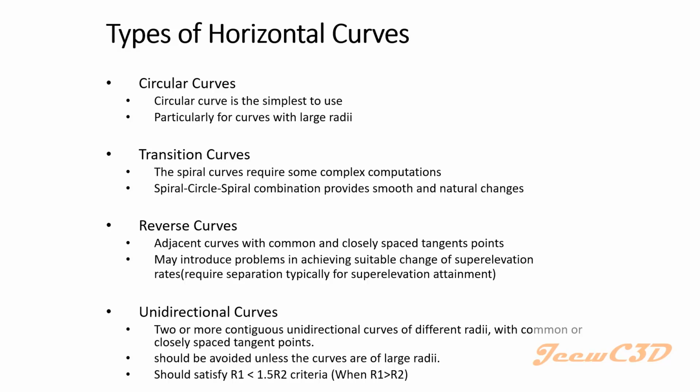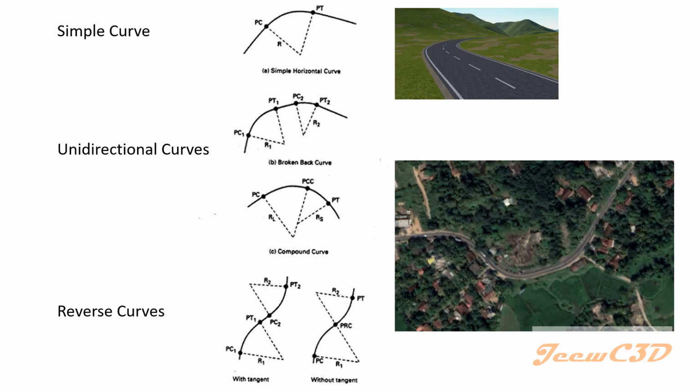Transition curves, I told you earlier, are where the radius changes from infinity to some definite value, like in the first slide I told you about changing the radius from infinity to 1000. Reverse curves and unidirectional curves are types of curves where you have two curves in the same direction or two curves in different directions. So we will be learning them here.